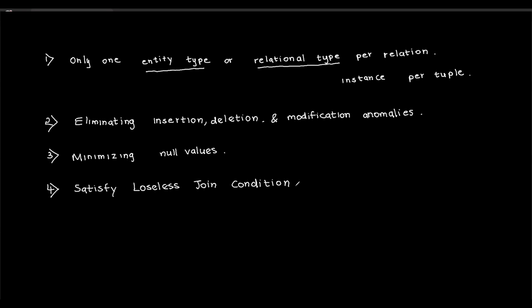These are the four main guidelines that we use so that it will be an easy and perfect way to decompose tables or relations. So let's start with the first guideline, which tells us why one entity type or relationship type per relation is good for our relational schemas.